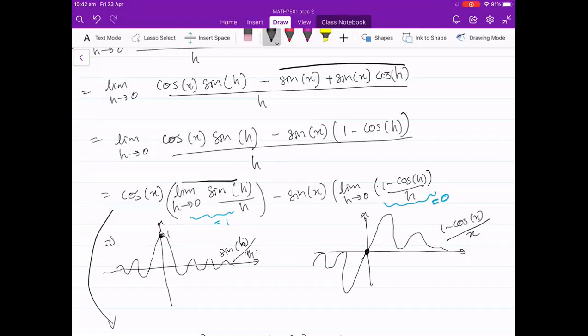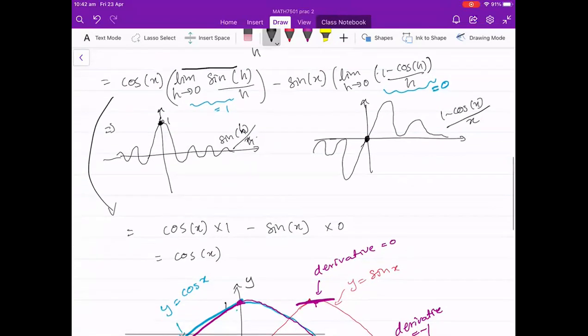As h tends to 0, the limit is 1 here, and as it tends to 0, the limit is 0 here. Okay, and then applying that, we get the derivative of sin x is cos x. All right. Any questions?